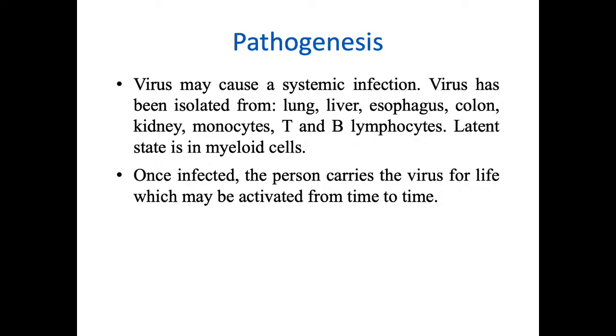It can be found in lymphocytes, esophagus, kidneys, liver, lung, can cause hepatitis in some patients, and the latent state is in myeloid cells, so the virus can reactivate time after time, but in healthy people reactivation is not an issue, but can be a problem among immune suppressed.